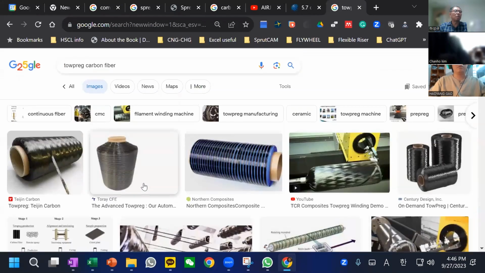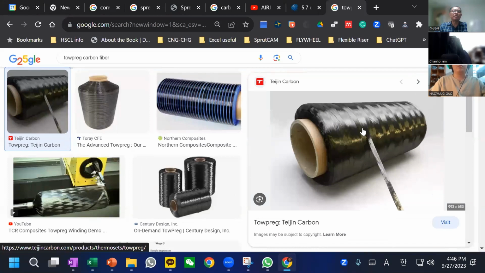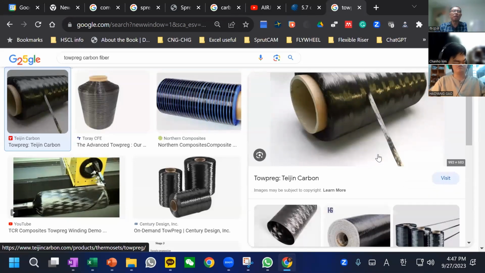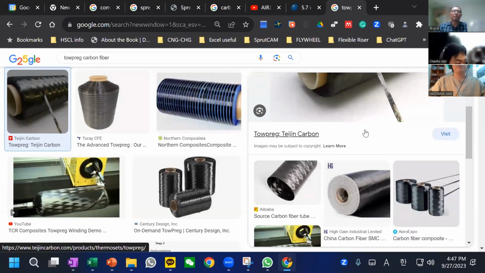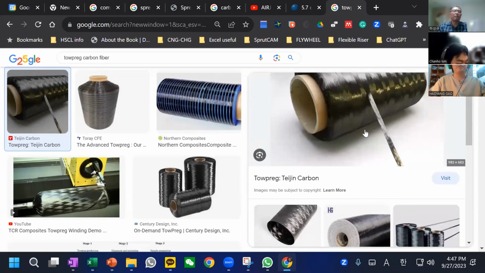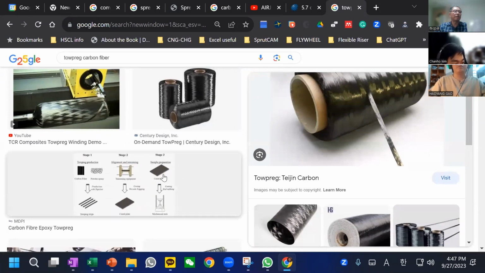So one toe will represent, for example, this one looks similar to a fiber bundle, but this is different. This is the fiber. Now it has a pre-pregnant resin there, so we call toe preg. Okay, remember the resin is already there, which will be different from this.